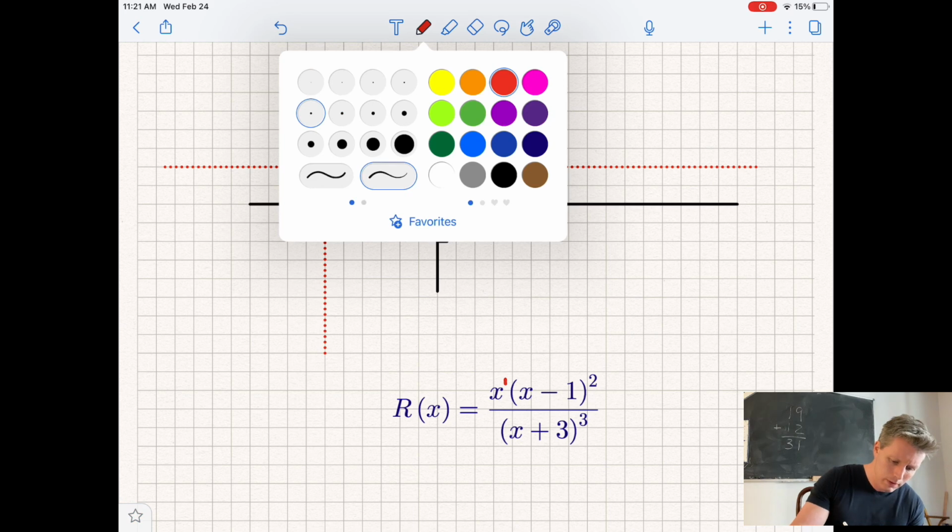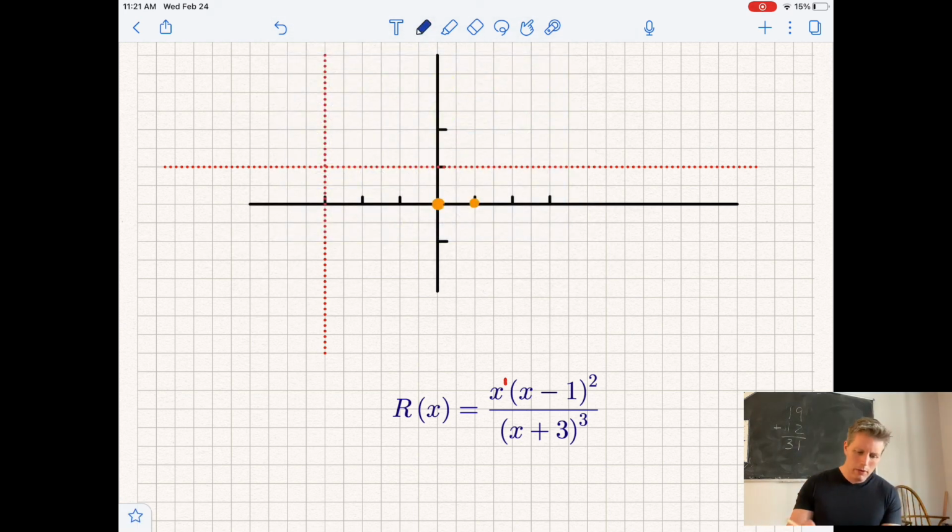So what I know then is that my graph, and if I also consider my asymptotes, now in particular my horizontal asymptote here, the behavior of the function as x increases to the right, my function will just touch the axis there at that point. It'll just touch it, come down, but it won't go through it at x equals 1.